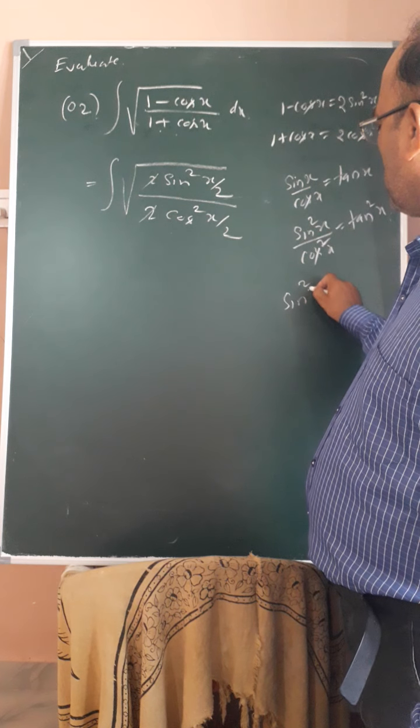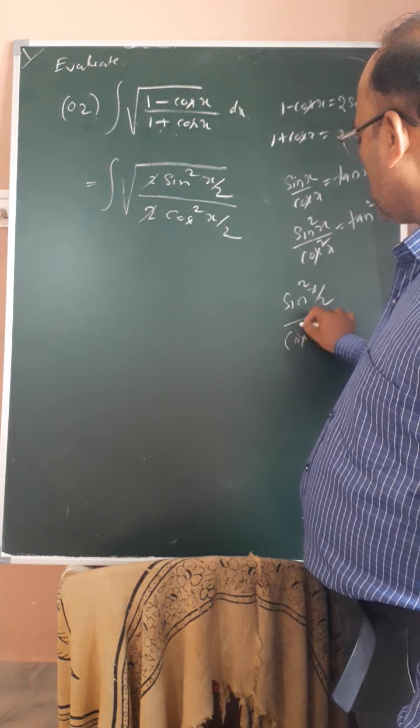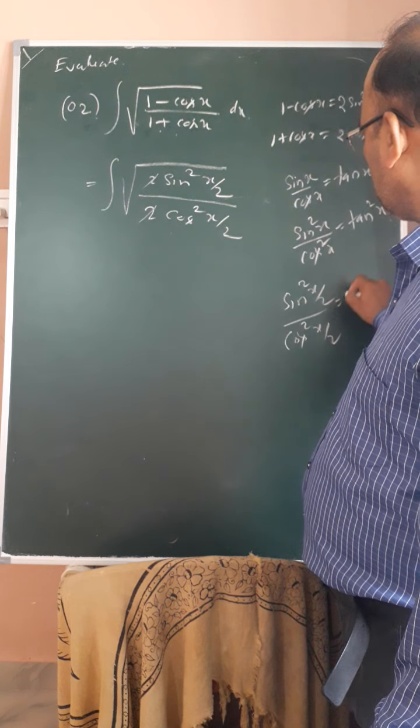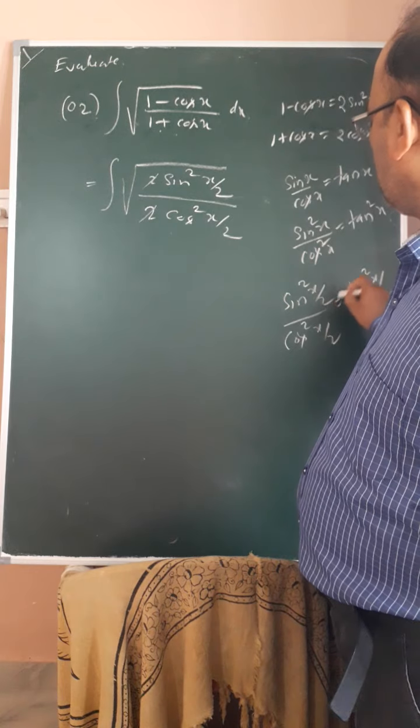Substitute this here with x by 2, that is sin square x by 2 divided by cos square x by 2 is equal to tan square x by 2. Substitute these formulas here.